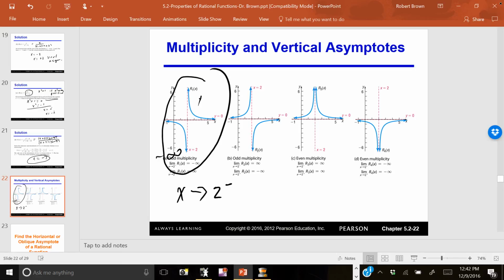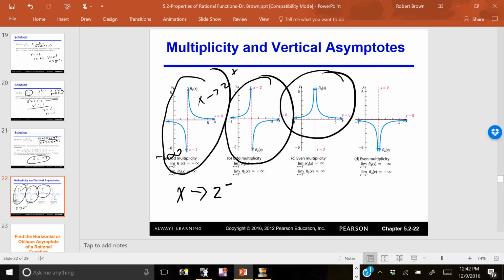Now, x approaches 2 from the right, it goes to plus infinity. Notice it could also be flipped and be plus infinity from the left and minus infinity from the right. Sometimes it could be an even function with respect to the vertical asymptote x equal 2 and go to plus infinity from both sides, or if it's flipped, minus infinity from both sides.